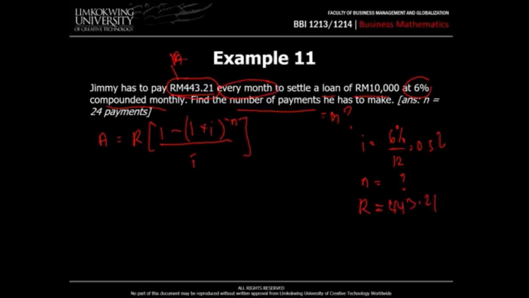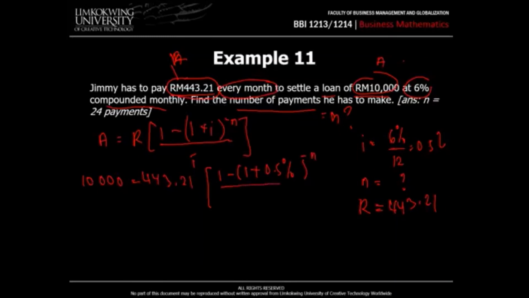Sorry, this is R, this is A. Okay, so your A is 10,000. R is 443.21. Okay, 1 minus 1 plus 0.5% to the index of don't know, divide by i.